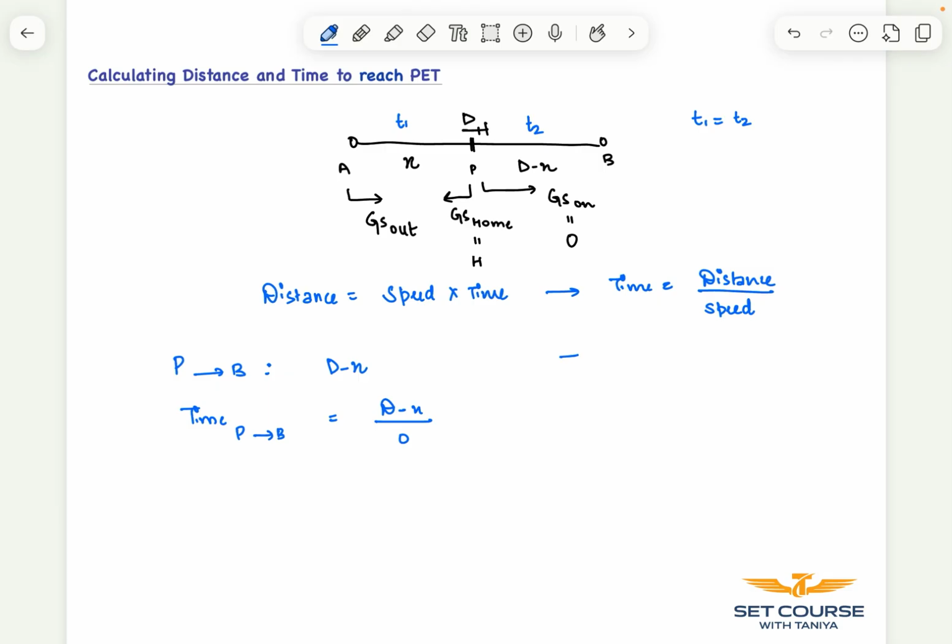Similarly, the time for the aircraft to travel from point P to A would be x, the distance, divided by the speed, which is ground speed home, H. Now, as discussed, T1 is equal to T2 by the definition, so we'll substitute our values as x by H equals D minus x by O.